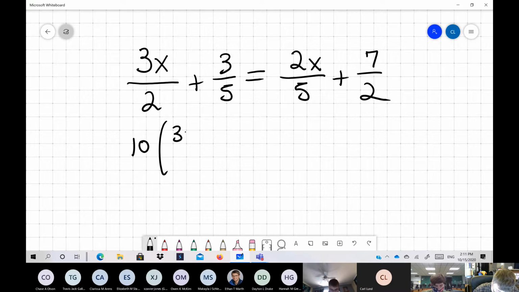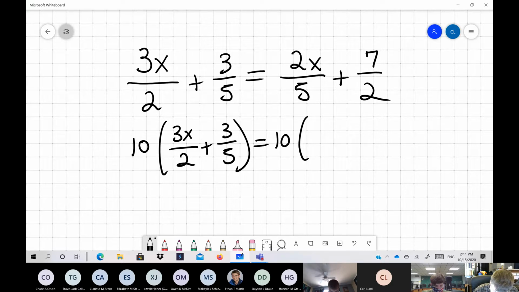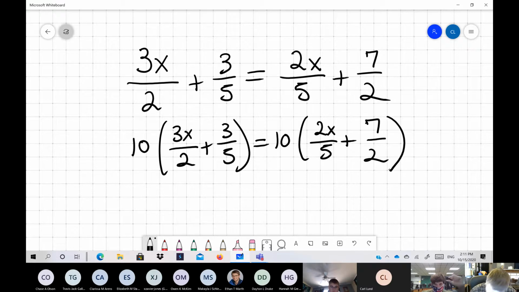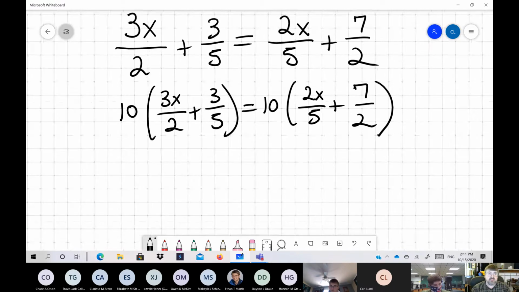So we're going to multiply both sides by 10, and that's going to get rid of the fractions. Again, I chose 10 because it's the least common multiple of 2 and 5.